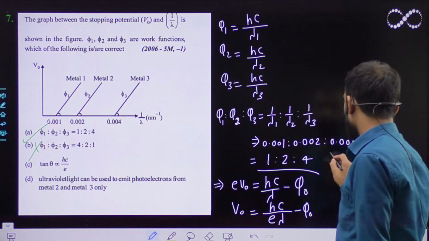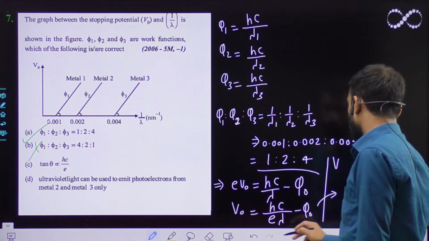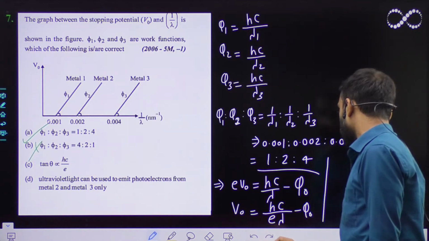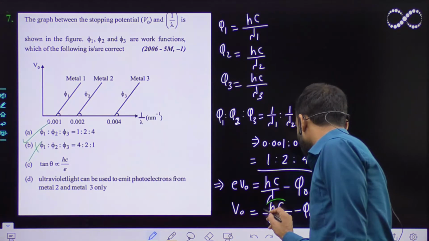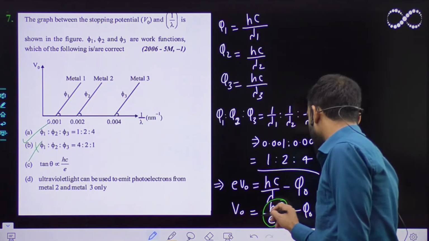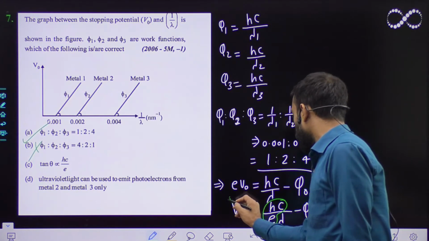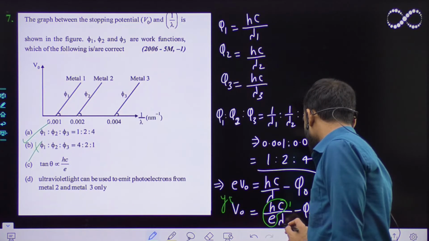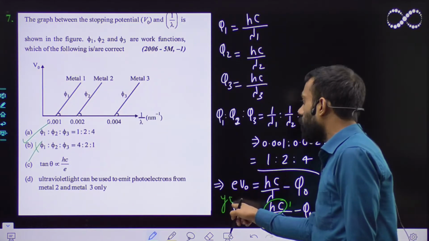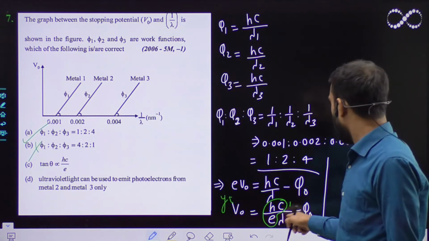Here the graph is plotted between V naught and 1 upon lambda. From here I can say hc upon e will be m, with y equal to mx plus c. Here V naught behaves like y, 1 upon lambda behaves like x, and this behaves like c.